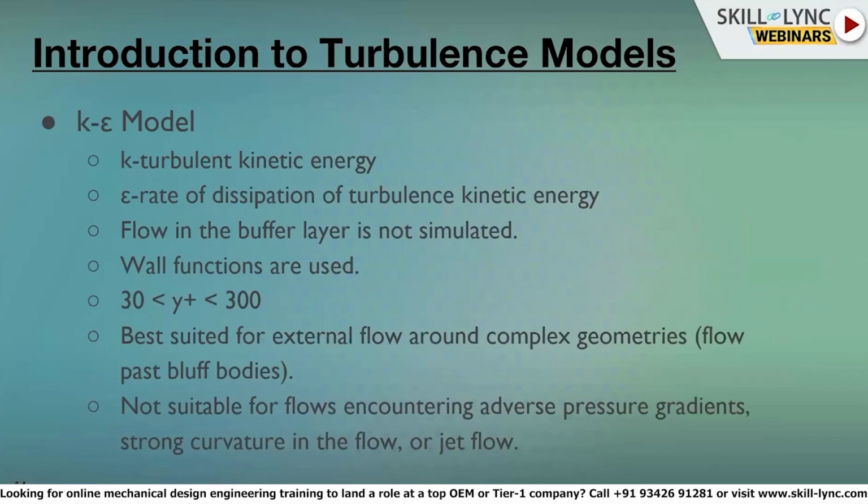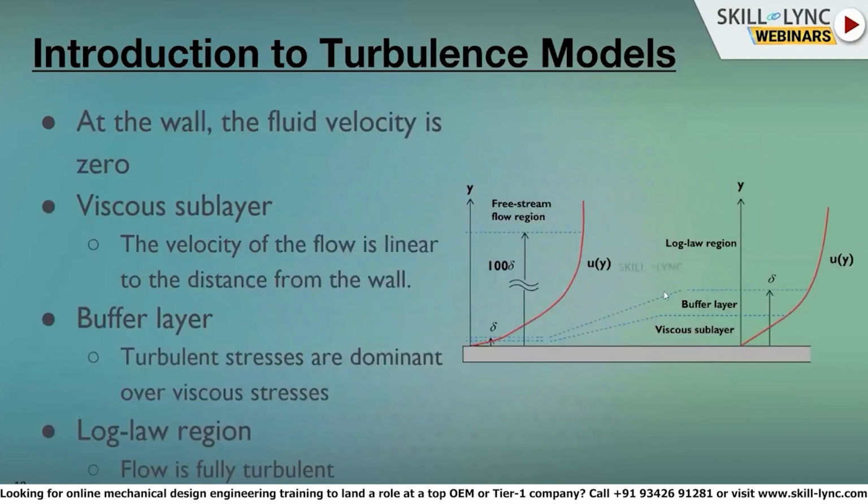The most famous and commonly used turbulence model in any industrial application is the K epsilon model. K stands for turbulent kinetic energy, and epsilon stands for the rate of dissipation of turbulent kinetic energy. This model will not simulate the flow in the buffer layer and viscous sublayer.